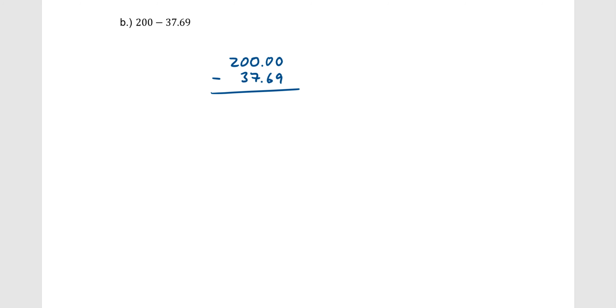we have 0 minus 9. So what we have to do here is borrowing. We would have to go to the number to its left and end up making it a 10 here. But that one is also a 0. So we have to go to that next one, which is also a 0. So we have to keep going until we get to 2.